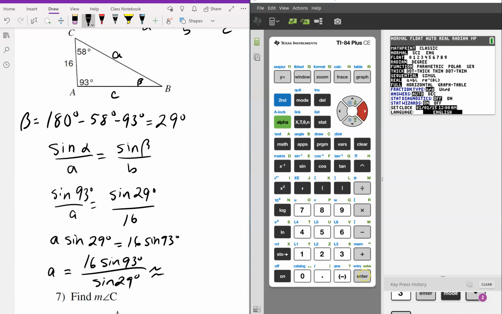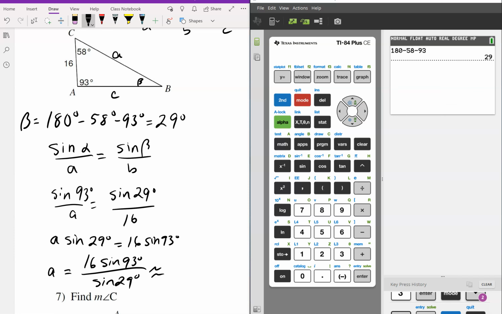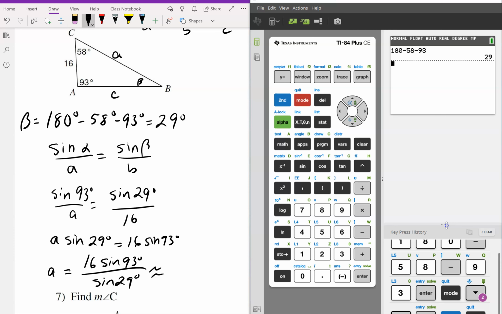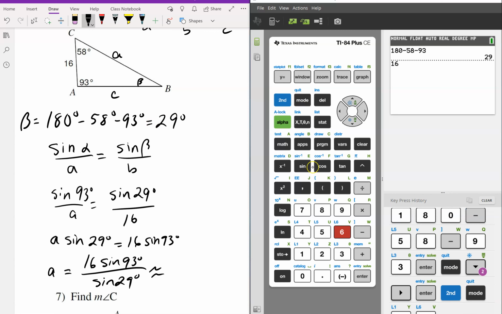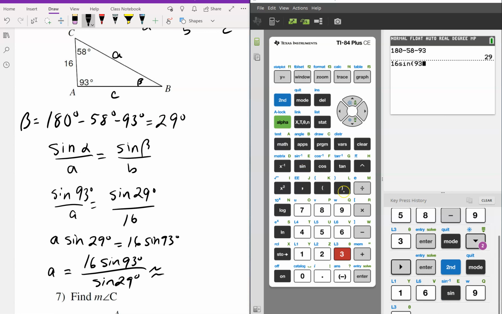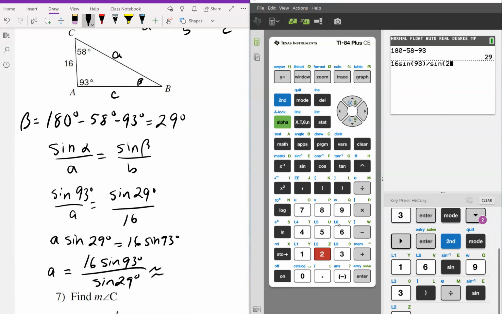So you need to go down and put it in degree mode, just to make sure that we're all in the same place. All right. So we have 16 sine of 93 divided by sine of 29. And we get about 32.9574. If I remember, Hawkes wants you to round to 4 decimal places. I think that's right. But if not, I do want you to round to 4 decimal places.